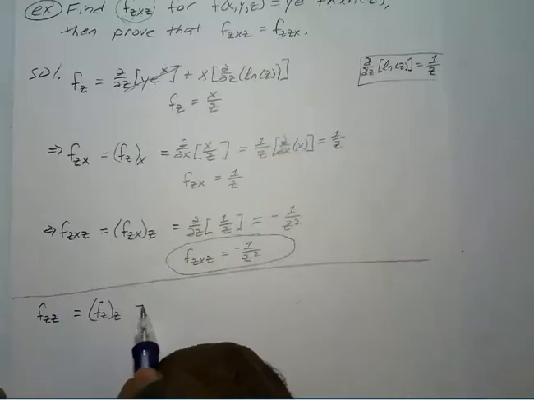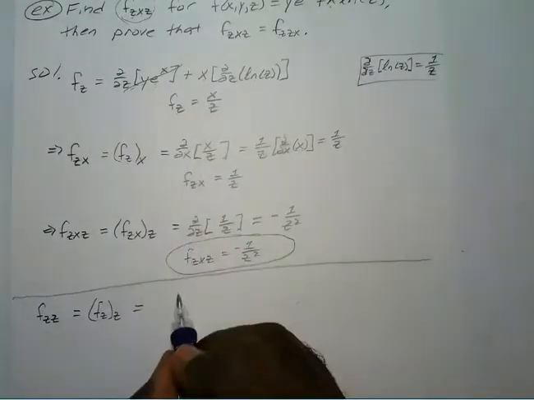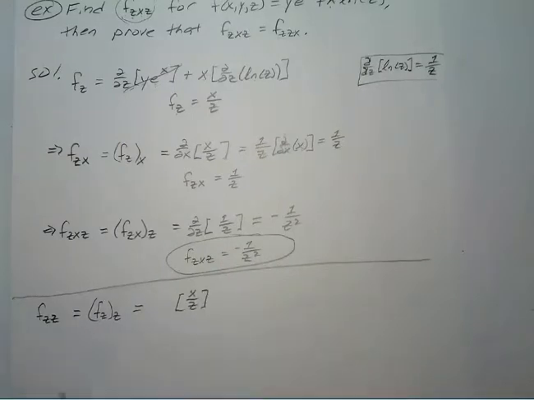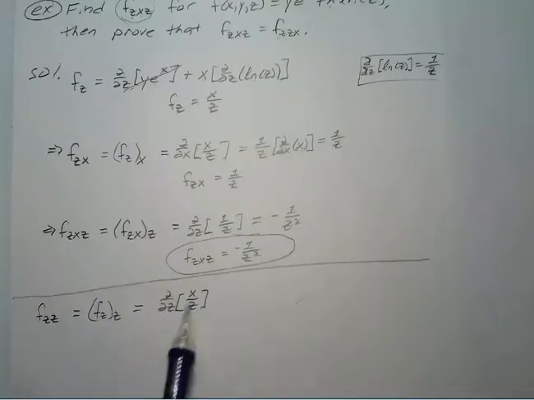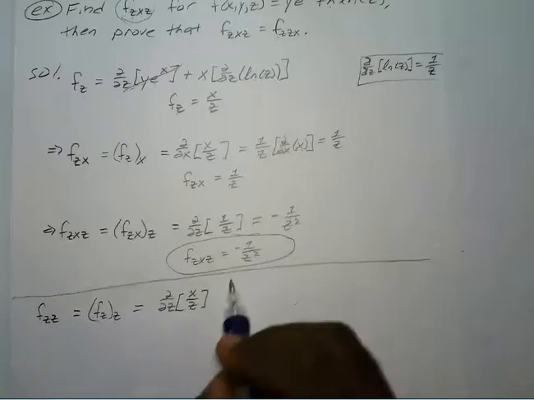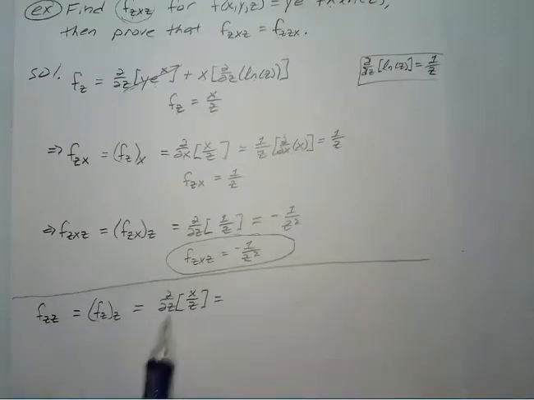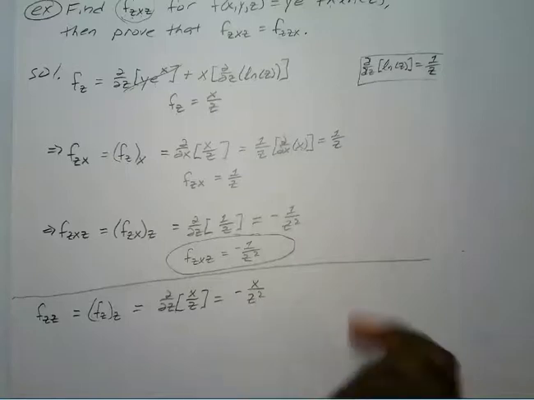So really that's just your partial with respect to z, which is x over z, and that with respect to z. Again, that x is a constant, so you can pull that up front if you want to. But the derivative with respect to z of x over z is equal to negative x over z squared.